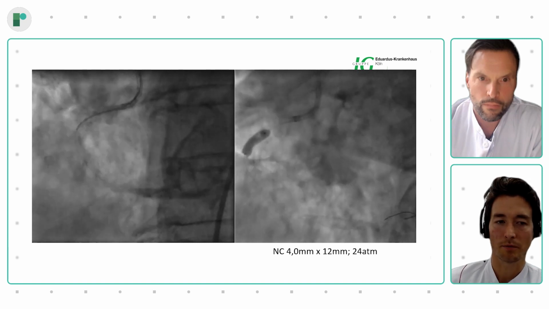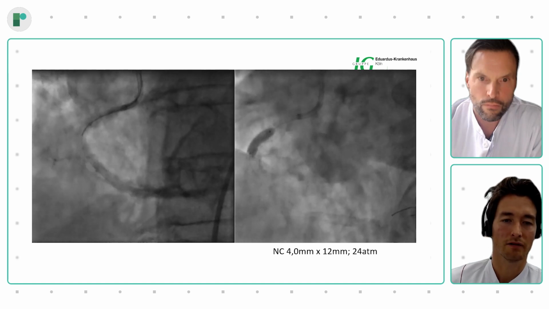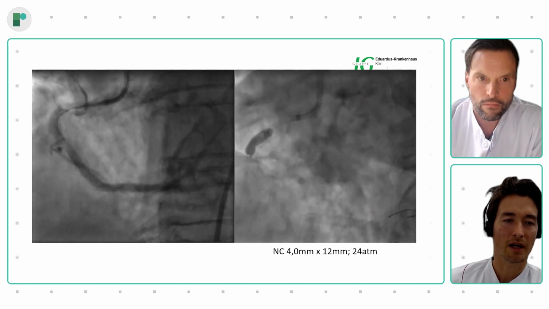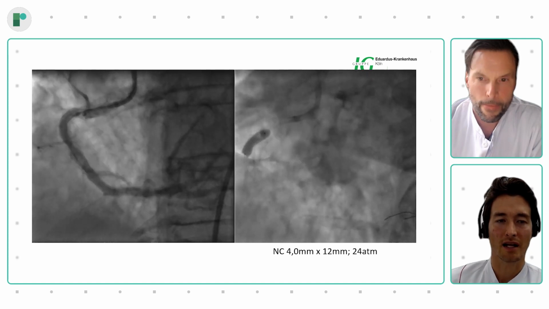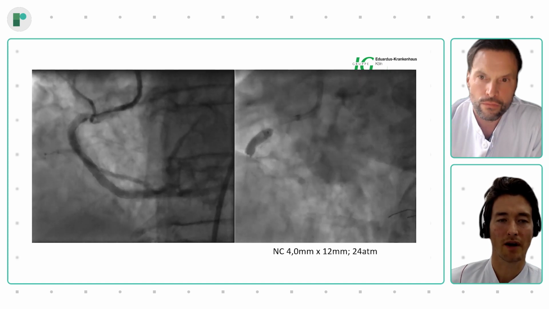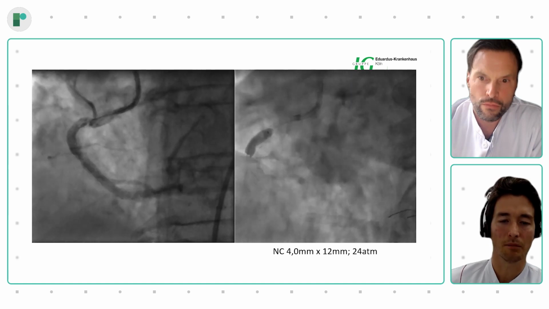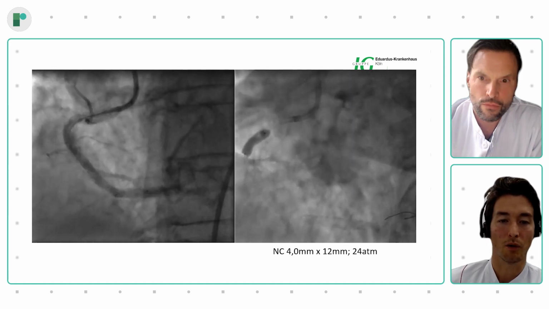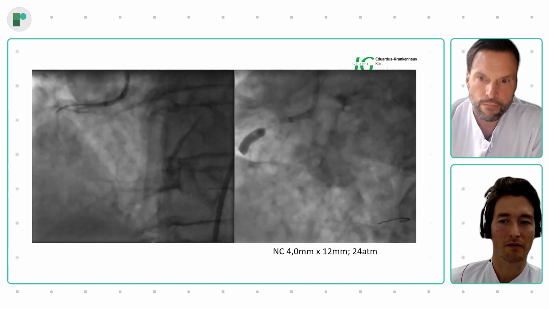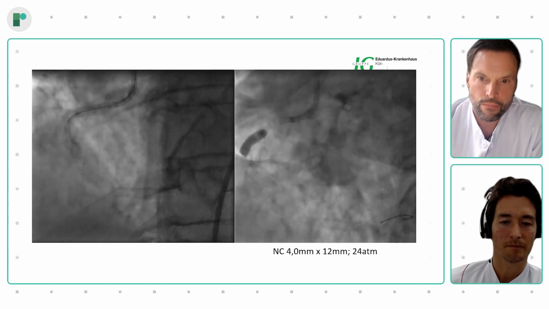I guess in this scenario, it would also have been justifiable to use intravascular lithotripsy by Shockwave, but due to the degree of calcium and the thickness of the calcified plaque, we chose to go for orbital atherectomy, and we also believed that the IVL balloon, in this case a 4.0 diameter, would not have been able to be advanced into the lesion because IVL balloons tend to be somewhat bulky.